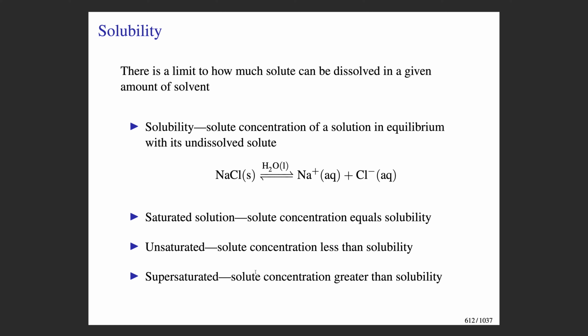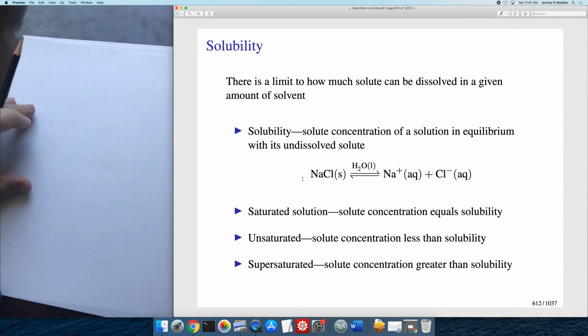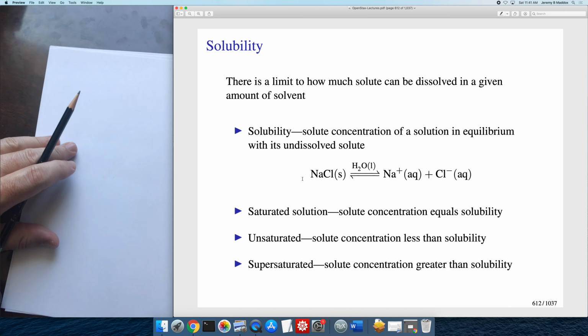And the term solubility refers to the concentration of that solute when the solid solute is in equilibrium with the dissolved solute. So what we have here is a reversible equilibrium reaction. I'm going to draw a little diagram here to represent it.